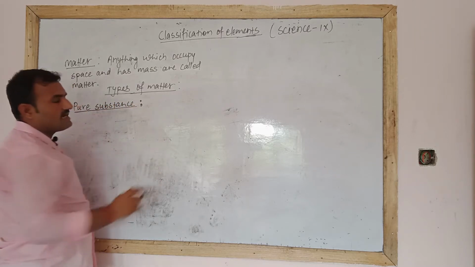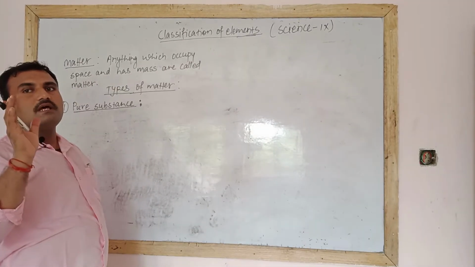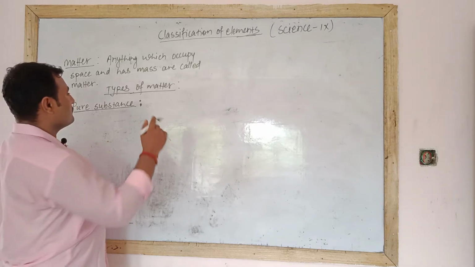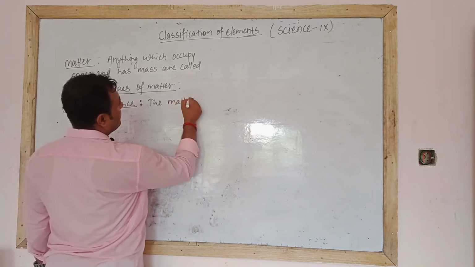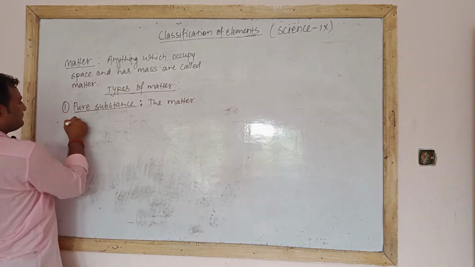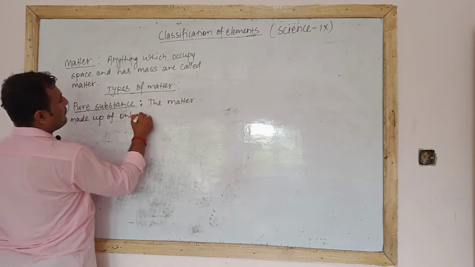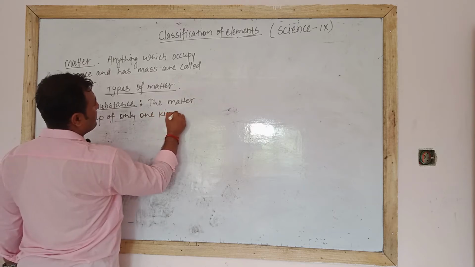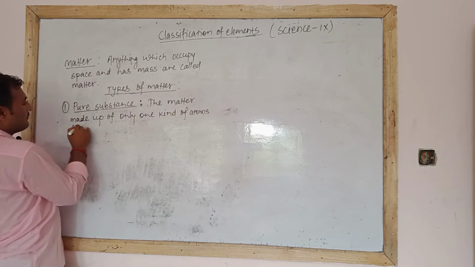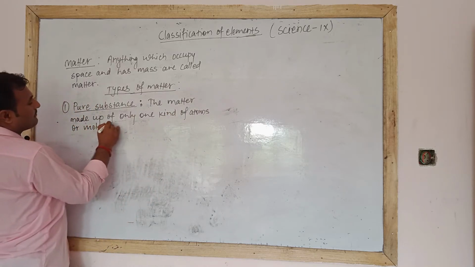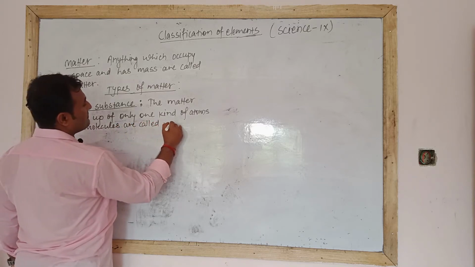Pure substances are matter which are made up of the same kind of atoms or molecules. Here we write: matter made up of only one kind of atoms or molecules is called pure substance.